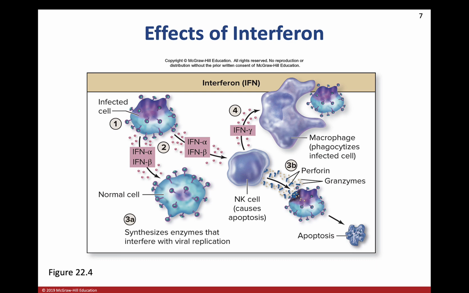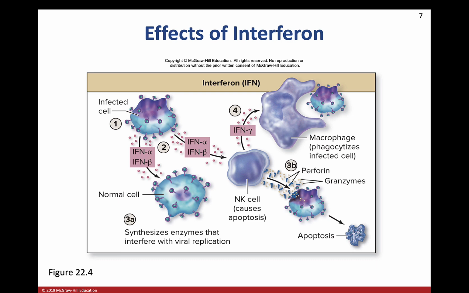Now, we're starting off with an infected cell, and notice it's releasing a number of interferons. It's going to have different jobs based on the type of cell. When we look at a normal cell, interferon will synthesize enzymes that will interfere with the replication of the virus.